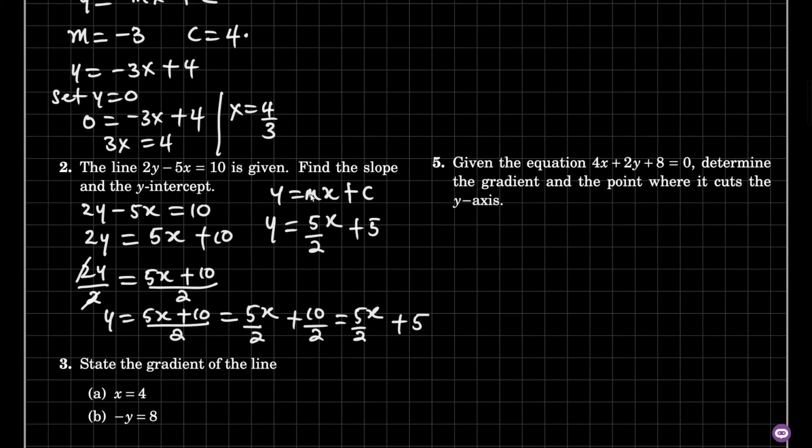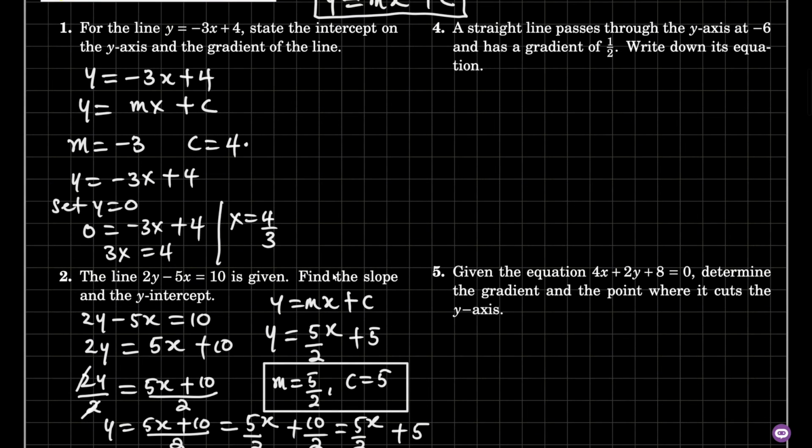By quick comparison, you're going to see that m is equal to 5 over 2 and c is equal to 5. This is the slope and the y-intercept. The slope is 5 over 2 and the y-intercept is 5. Now someone could ask, is it not possible for us to express our answer in decimal? Yes, you can express your answer in decimal.